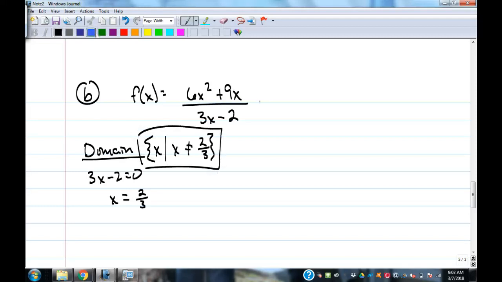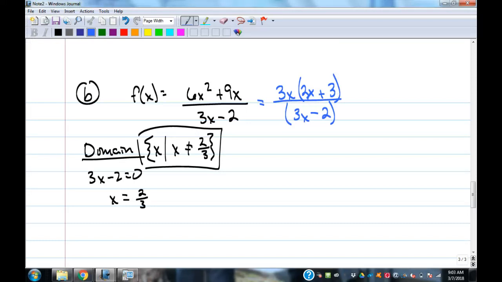Now, wasn't any factoring to do on the denominator, but is there some factoring we can do in the numerator? Yeah, we could factor out 3x. And that would leave us x plus 2x plus 3 in there. Does anything cancel? No. What's that mean about the holes? There's not any.